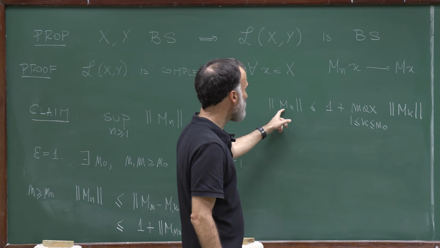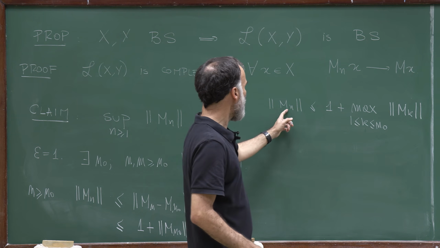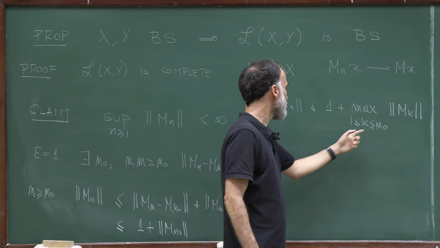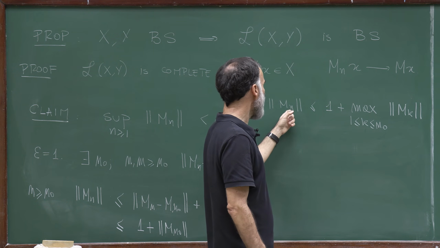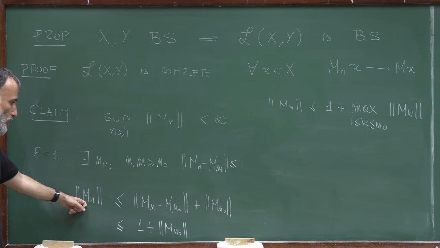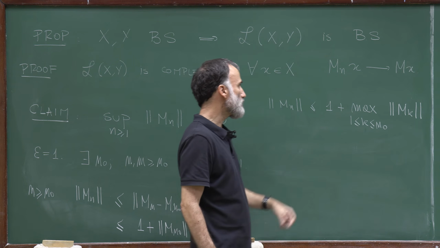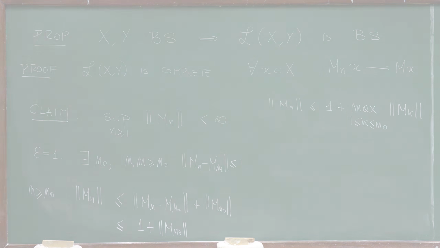And it's clear that Mn is bounded by this quantity. There are two cases. Either n is less than or equal to n0, in which case this norm is bounded by this maximum, or n is larger than n0, and in this case the norm of Mn is bounded by 1 plus the maximum. So this proves that this supremum is finite.